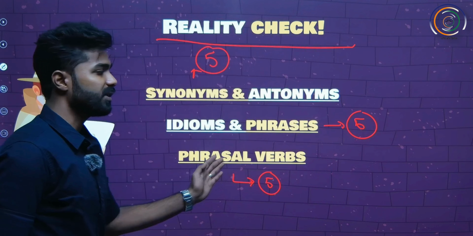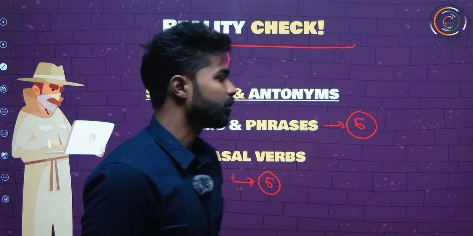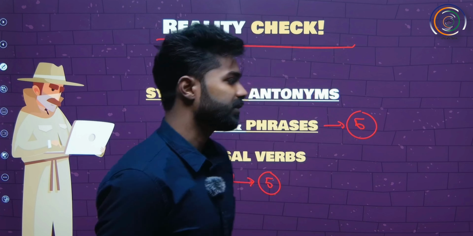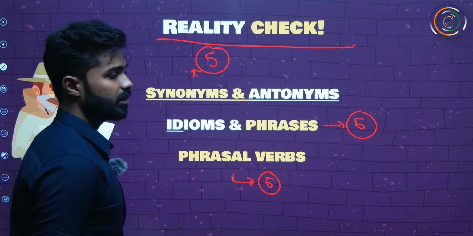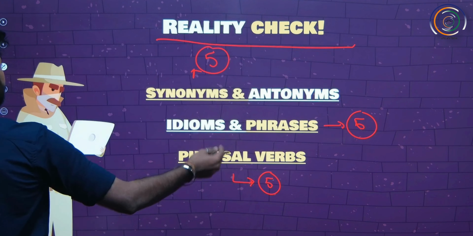You can't master everything, but at least by learning 5 each every day, you can have a good mastery or good command over the language. Clear? I'll be teaching you how to make a word list and how to make a journal for idioms and phrases and everything. So I'll be teaching in upcoming classes, whereas for now, you have to learn all 5 new of these.